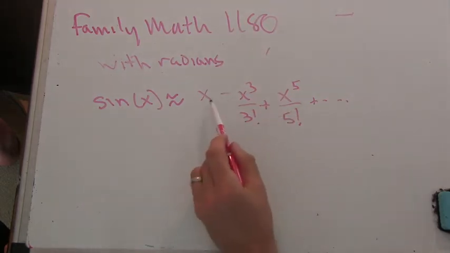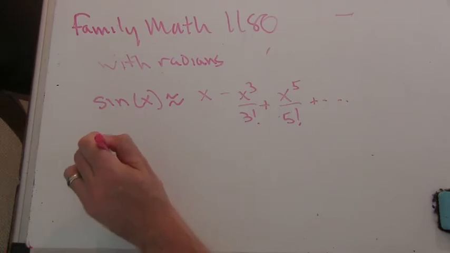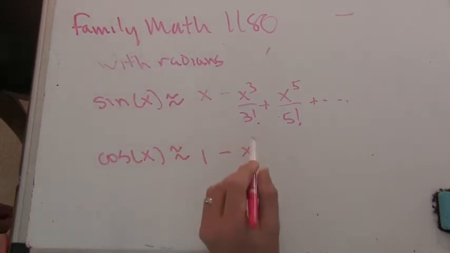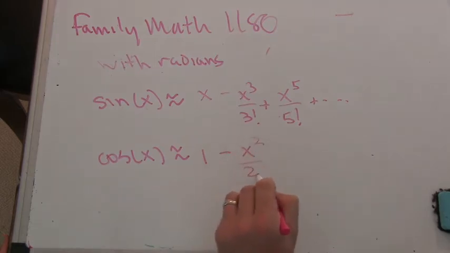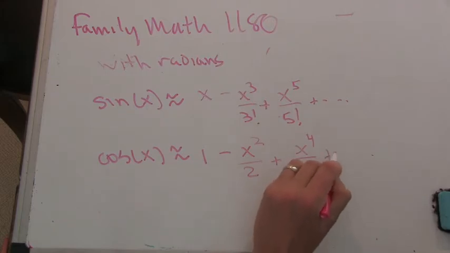So it alternates 1, 3, 5, 7, 9, etc. And cosine x is approximately 1 minus x squared over 2 factorial plus x to the 4th over 4 factorial.